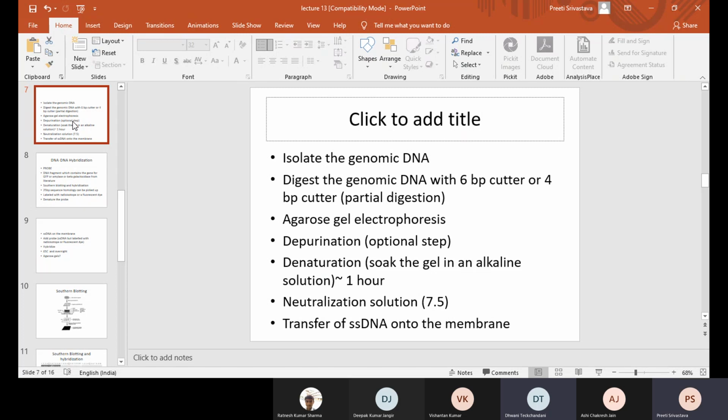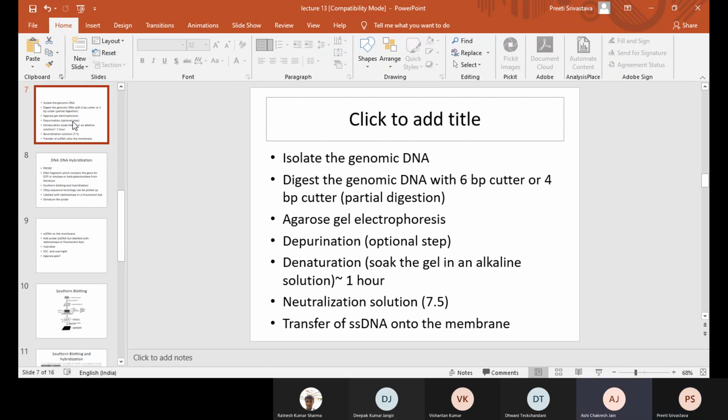Right, but then maybe Dhwani, can you explain Southern blotting, the process of Southern blotting? So I think I'm on the same slide. You can take the help, and I will also help you. Or Ashi, would you like to try? Ma'am, I can try.